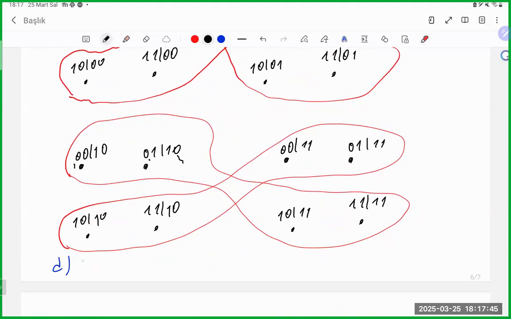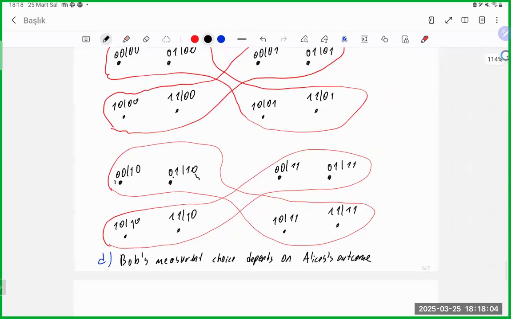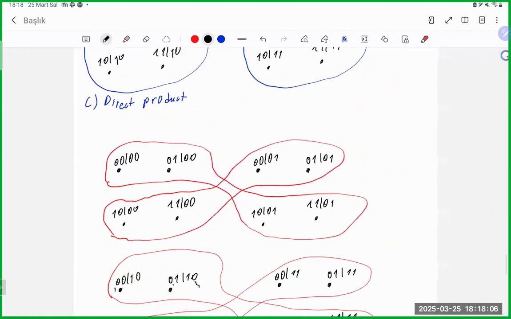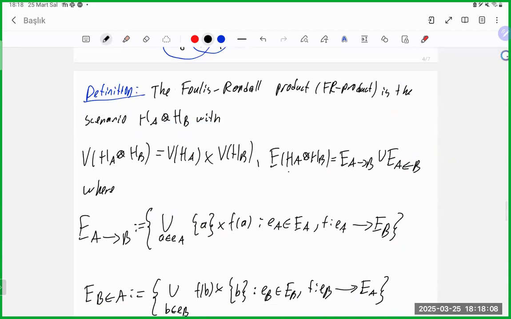So Bob's measurement choice depends on Alice's outcome, and this is the function.